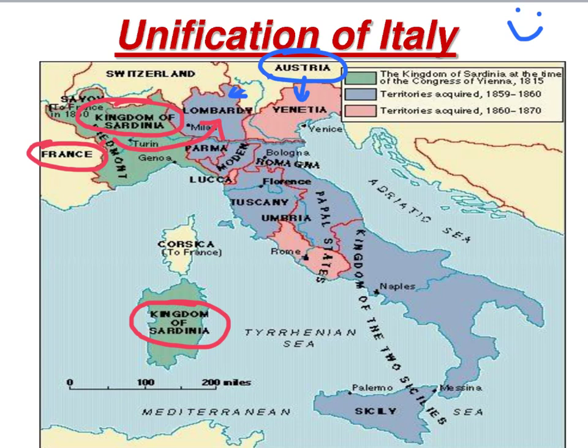Now, at the exact same time this is happening in the north, Giuseppe Garibaldi and the Red Shirts are in the south, crossing over from Sicily into South Italy, and they eventually get to Naples, and it seems like both groups, the Cavour in the north and Garibaldi in the south, are meeting in the middle at Rome. Now, we've seen this movie before.